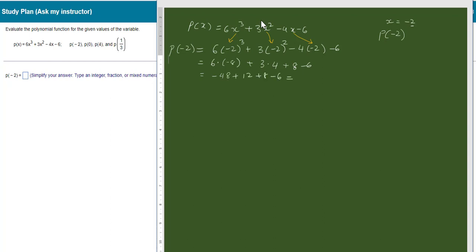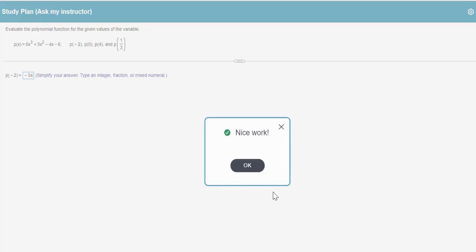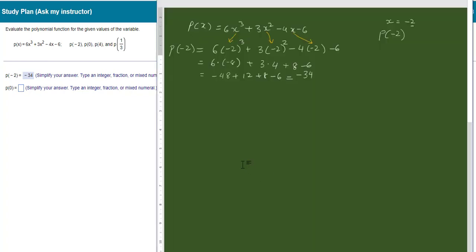You just have to go with the PEMDAS or BEDMAS rule. And once you have done the calculation, you get -34. Let's put that in my math lab, -34, and check if we got the right answer or not. So this looks good. Let's move on to the second part of the question.